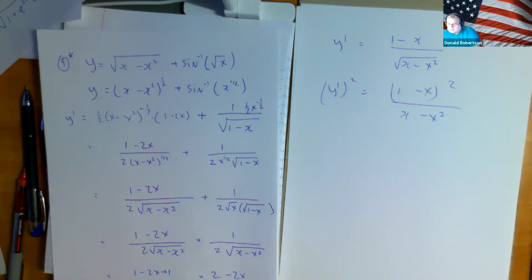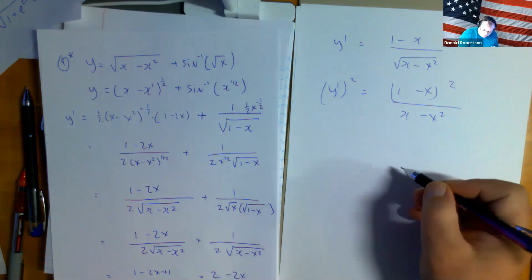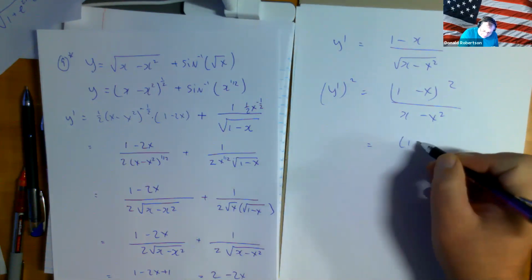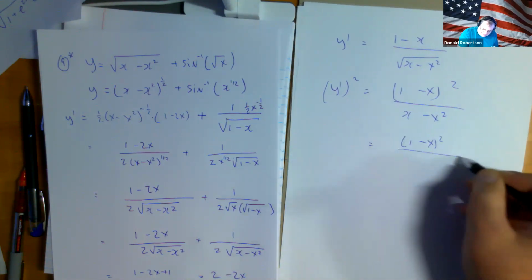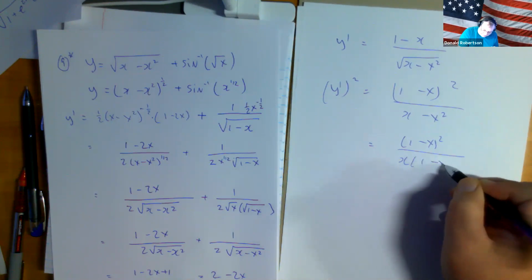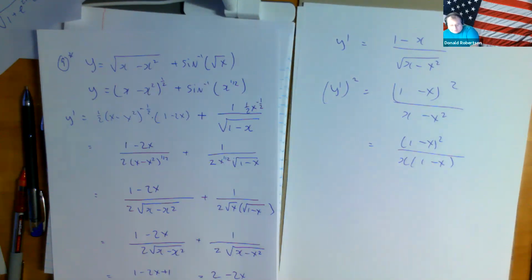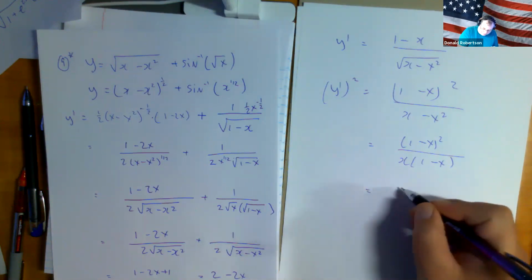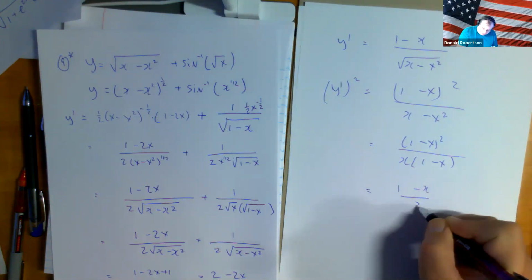Are we good with that? Now, if I pull out an x from the bottom, we now get that. Which means that it becomes that.